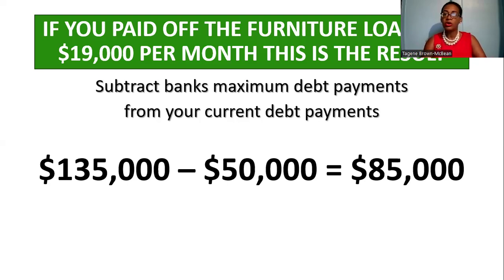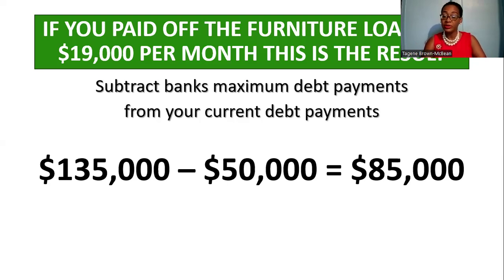Okay? All right. So from this 135,000, we're going to subtract not 69,000 as we had in the previous example, because we are now taking into consideration that we have paid off the furniture loan, which was 19,000 per month.